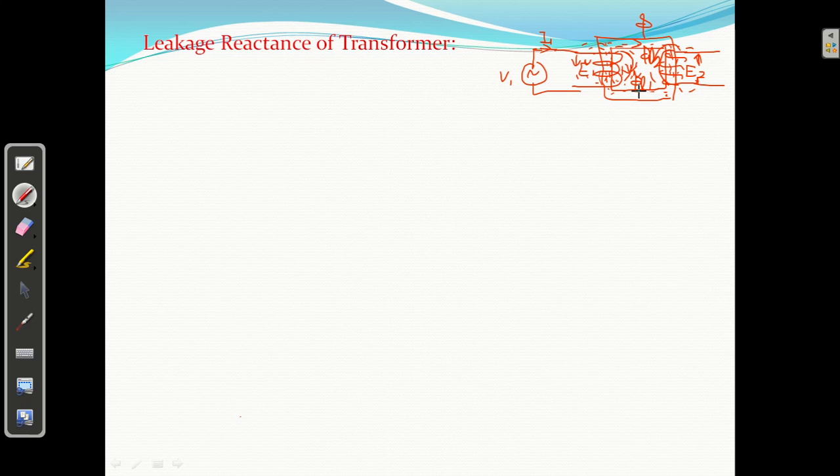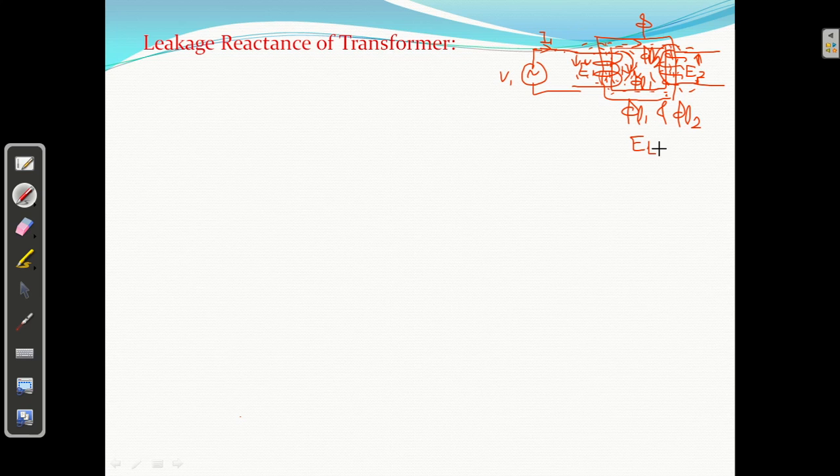That is called leakage flux phi L1 and phi L2. So when this leakage flux is there, there will be a drop in the primary winding and secondary winding, right? Clear?